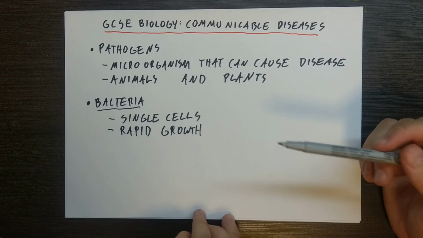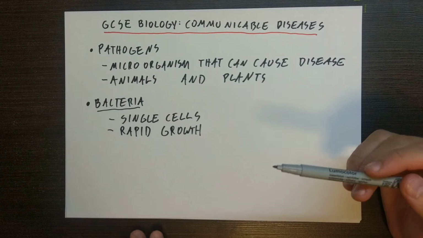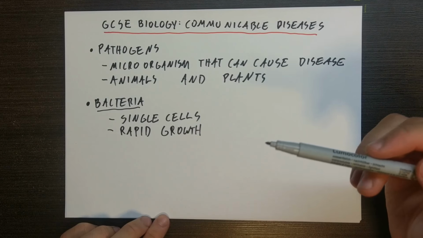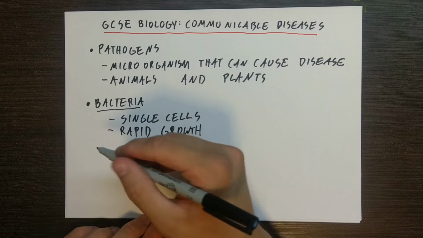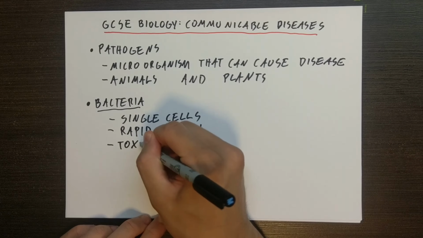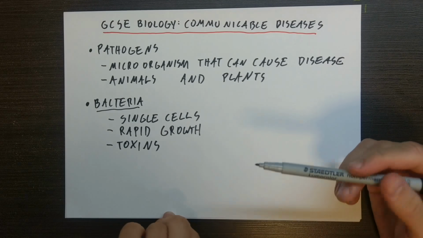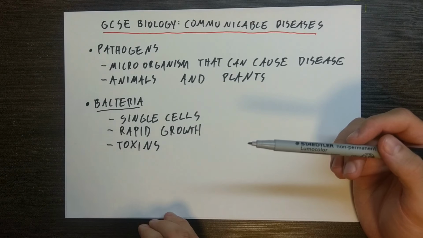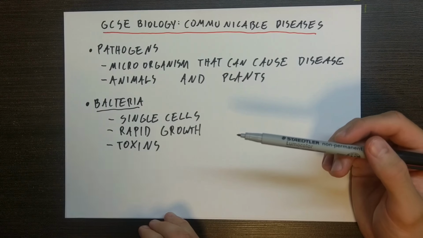Now, what is the problem with bacteria? Some pathogenic bacteria can cause disease. How do they cause the disease? Well, they produce toxins. Toxins are, of course, as the name suggests, toxic to our body, and they're essentially harmful.